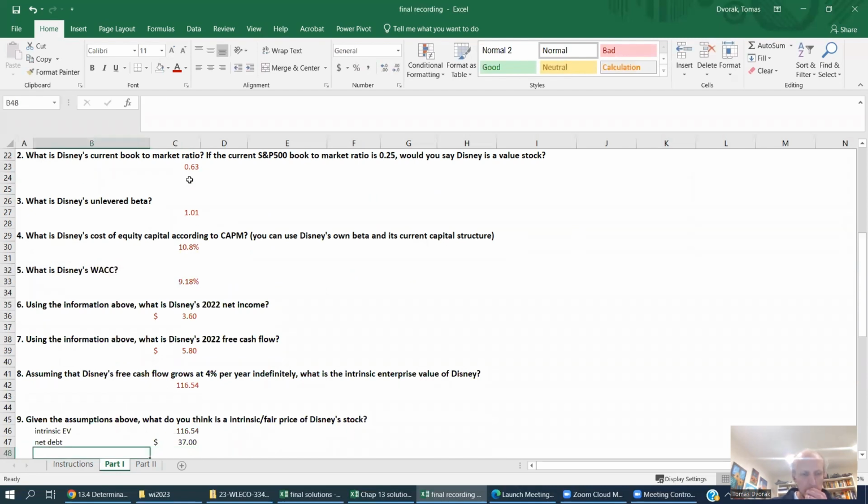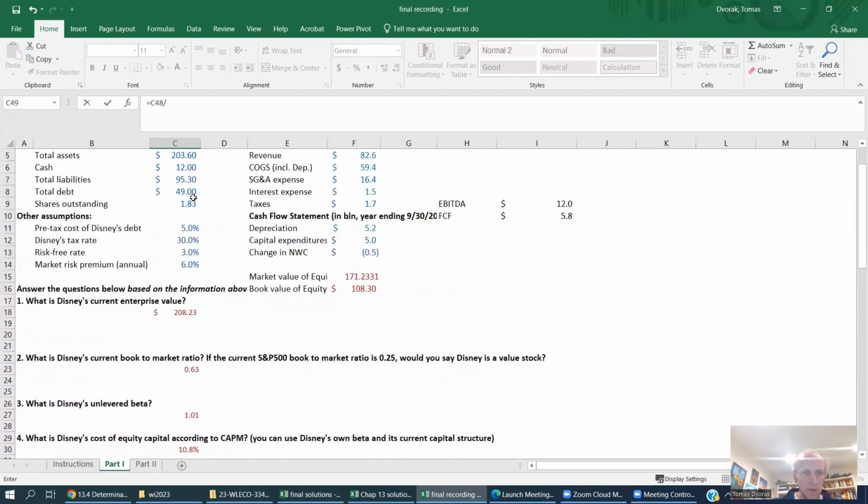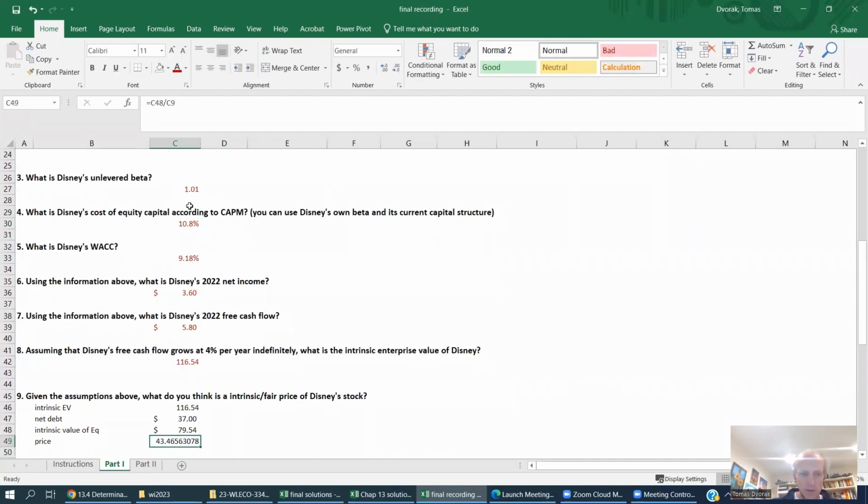Then the intrinsic value of equity will be the difference between these two, this minus that. And then the intrinsic share price is going to be that divided by the number of shares outstanding, and that gives me 43. So let's make fewer decimal places. Let's make that red since we all calculated that. I can add intrinsic.